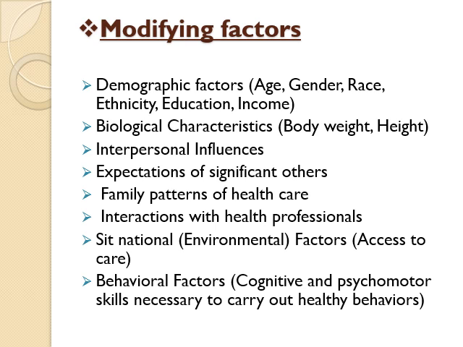Interpersonal influences: expectation of significant others, family patterns of health care, interaction with health professionals. Situational environmental factors, access to care. Behavioral factors: cognitive and psychomotor skills necessary to carry out the health behavior.